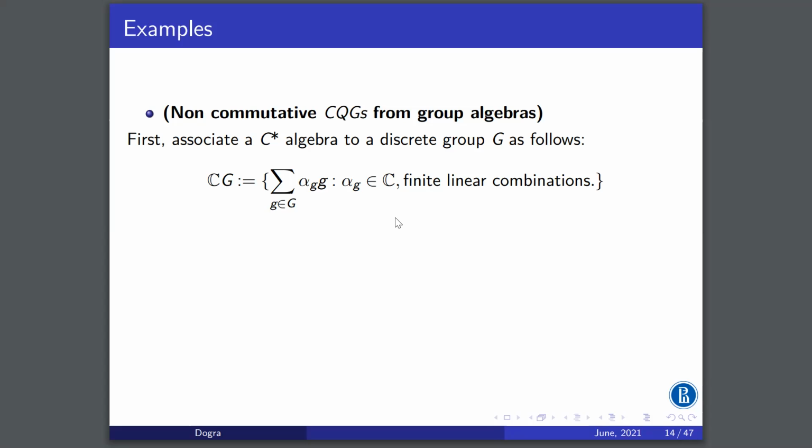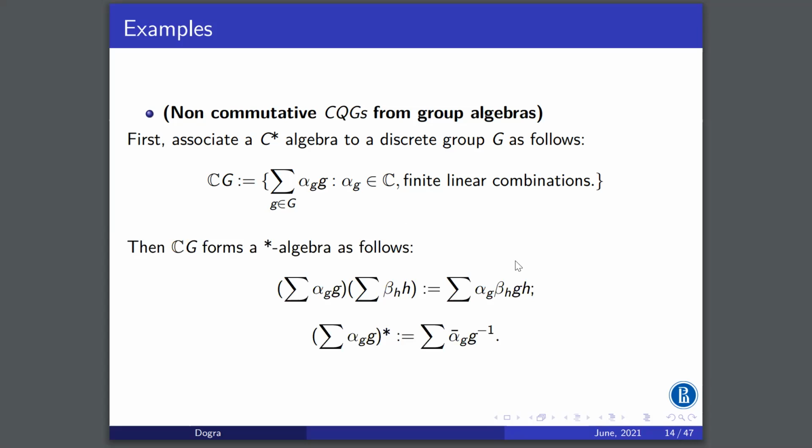This is nothing but finite linear combinations of the elements of the discrete group G, where the coefficients come from the field of complex numbers. This set forms a star algebra, and the multiplication is given as this, where the coefficients get multiplied with each other. And the involution is given by the linear combination where the coefficients are taken to their complex conjugates and the group elements are taken to their inverses.